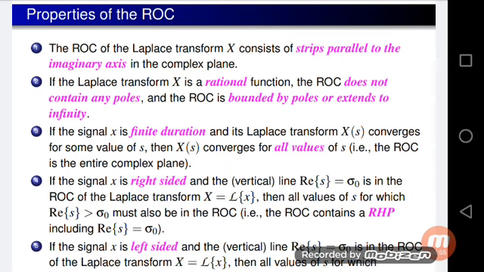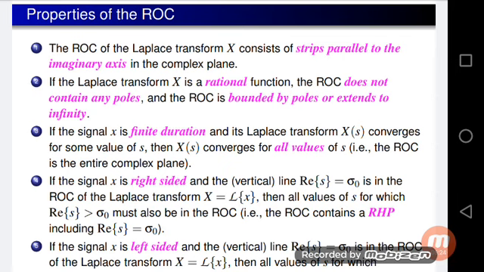Properties of ROC. First, the ROC of the Laplace transform X consists of strips parallel to the imaginary axis in the complex plane.